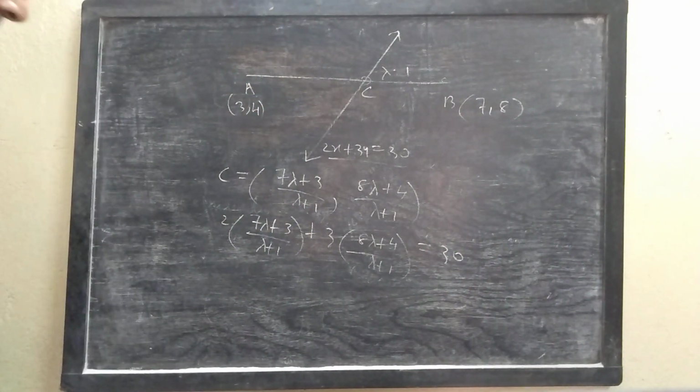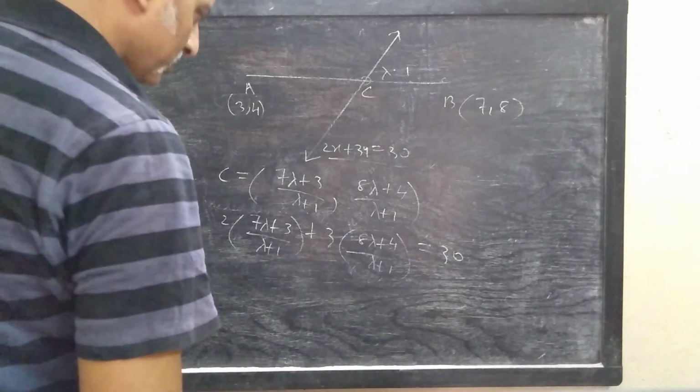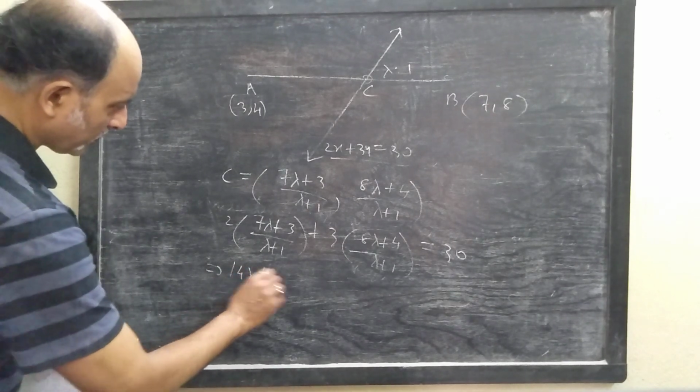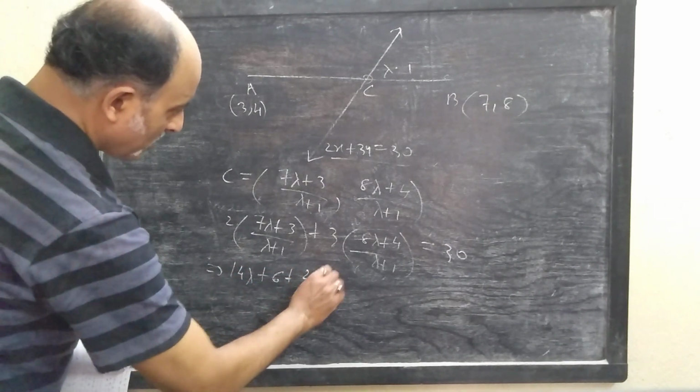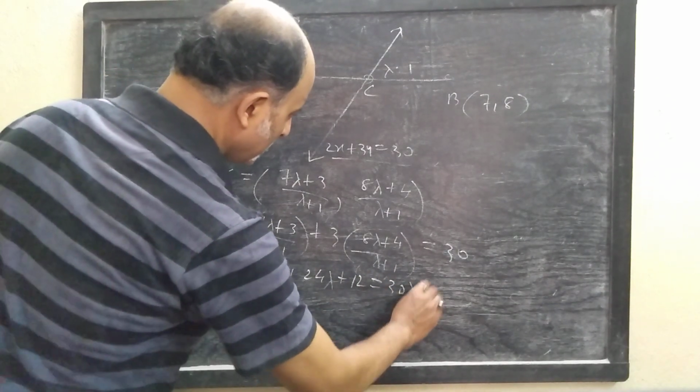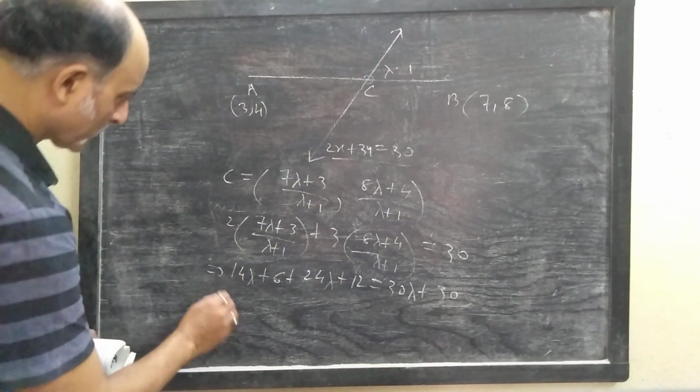Now for better calculation, multiply both sides by lambda plus 1. You get 2 sevens are 14 lambda plus 6, 24 lambda plus 12 equals 30 lambda plus 30.